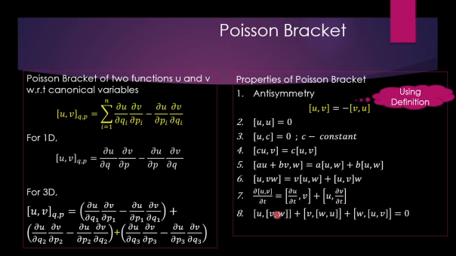And another property is that a cyclic permutation is followed by the double Poisson bracket. Here you can see a Poisson bracket is taken between u and another Poisson bracket [v, w].